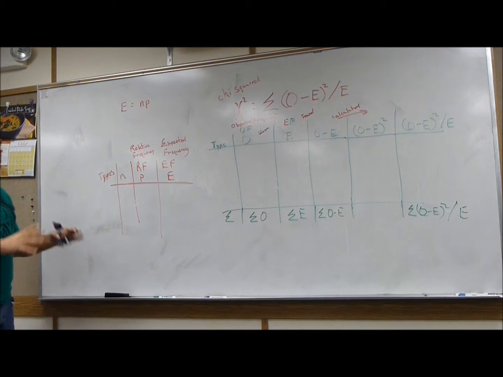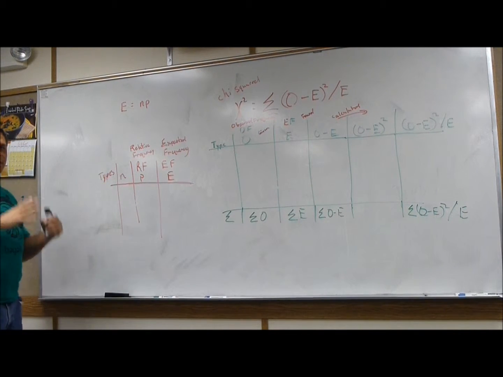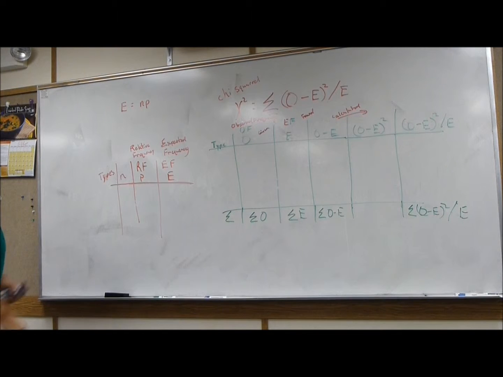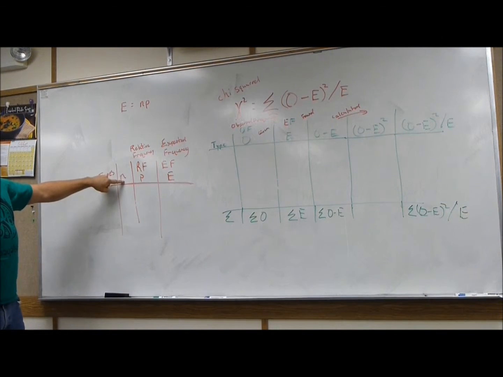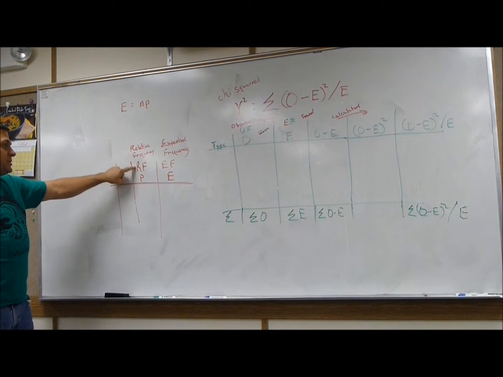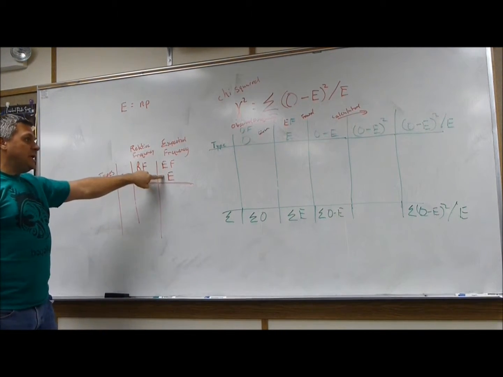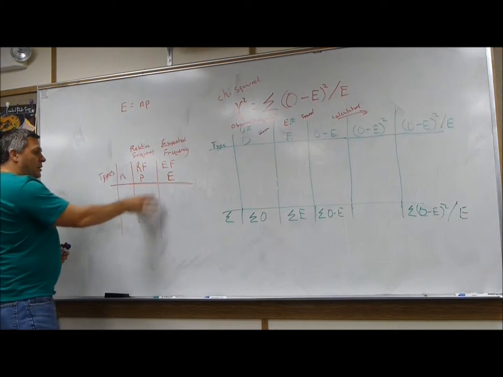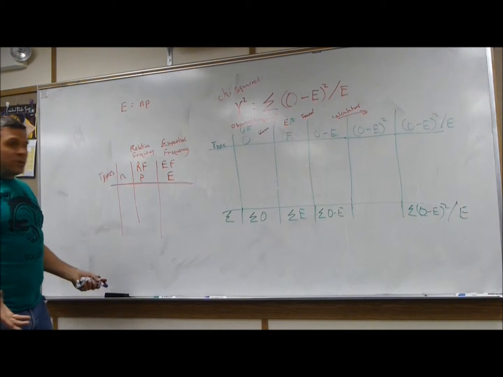What's nice is when you create these two tables, a generic two tables, you use your types, your n value, your relative frequency, which is p, and your expected frequency, which is E, and you figure these out for whatever the problem arises.